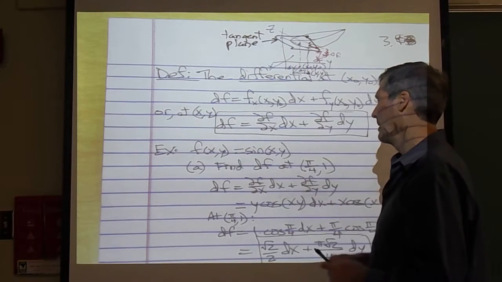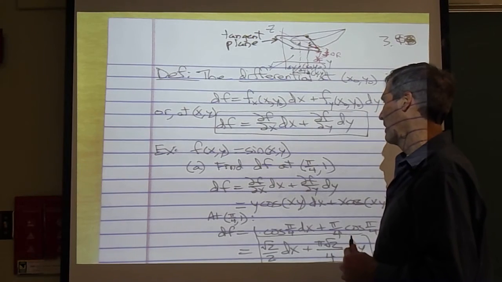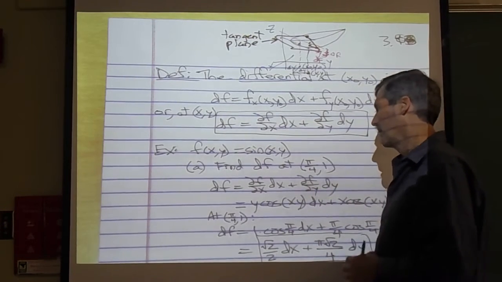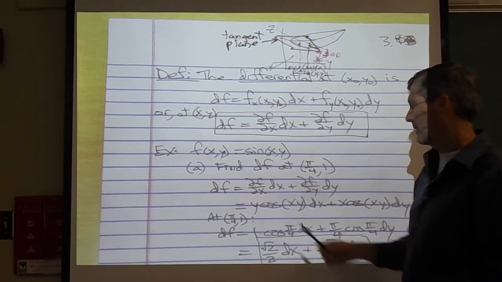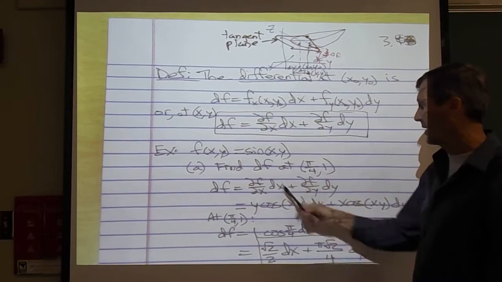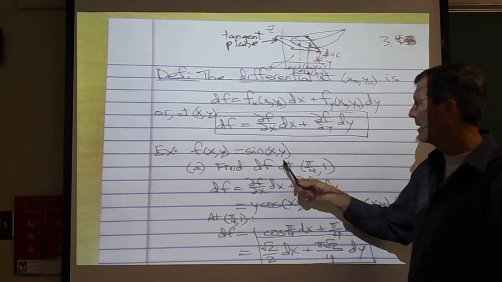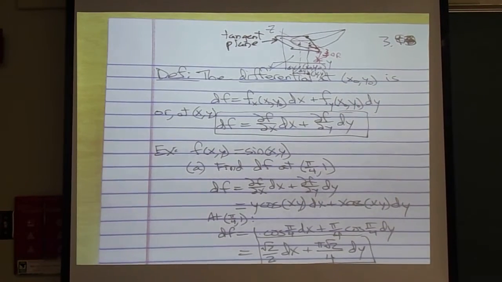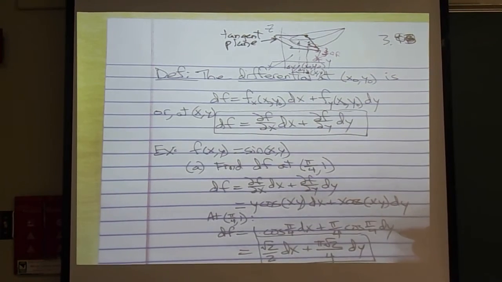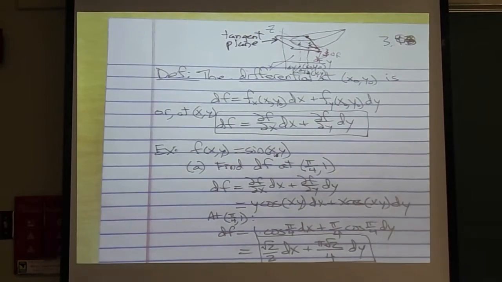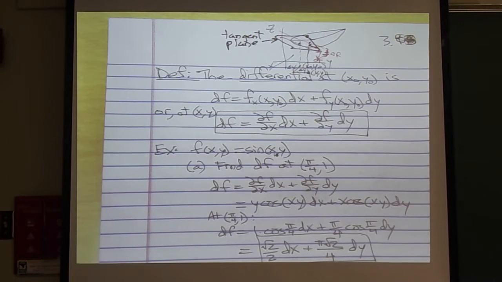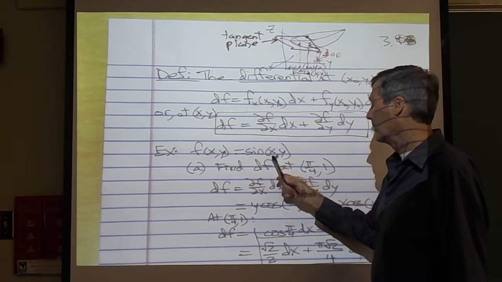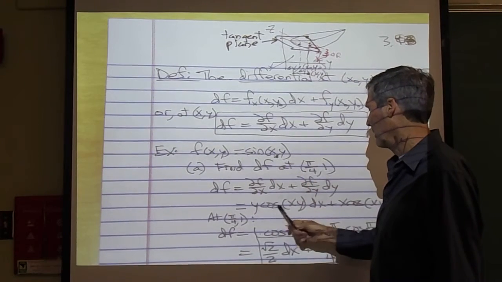Here's a function, sine of xy. What is df, the differential, at the point pi over 4, 1? Well, df is df/dx dx plus df/dy dy. So we take the partial of sine xy. This is x times y. For the partial derivative of sine of kx, treating y as a constant k, it is k times cosine kx.